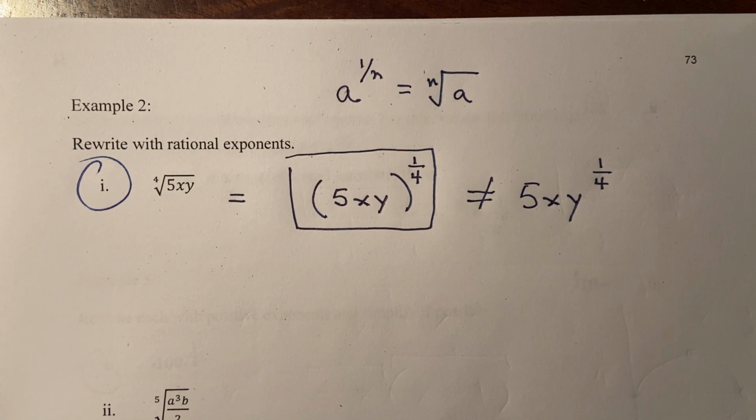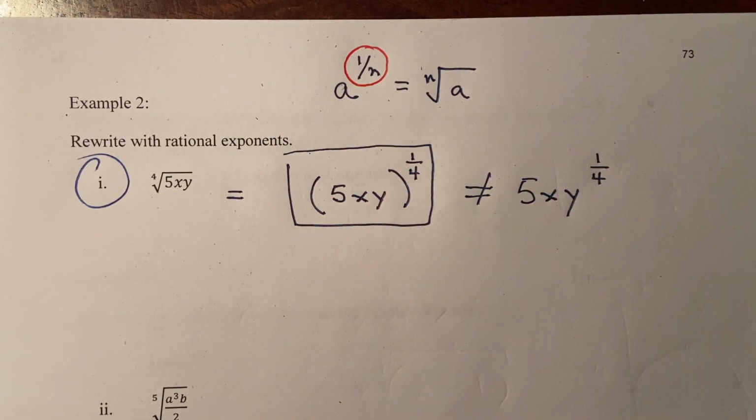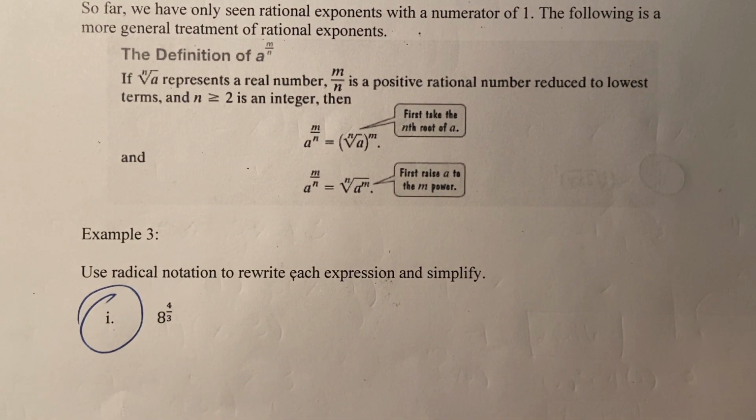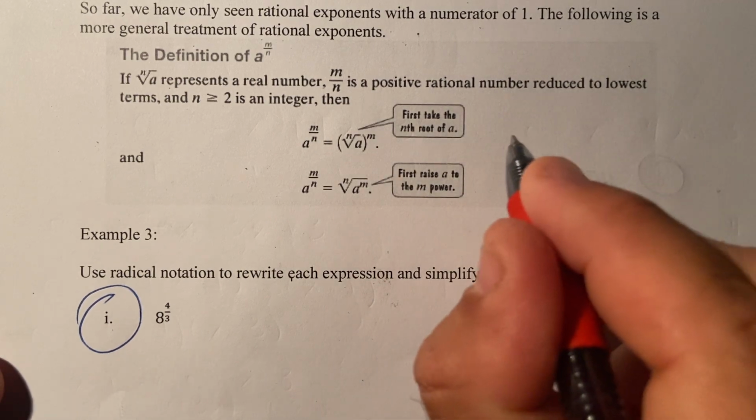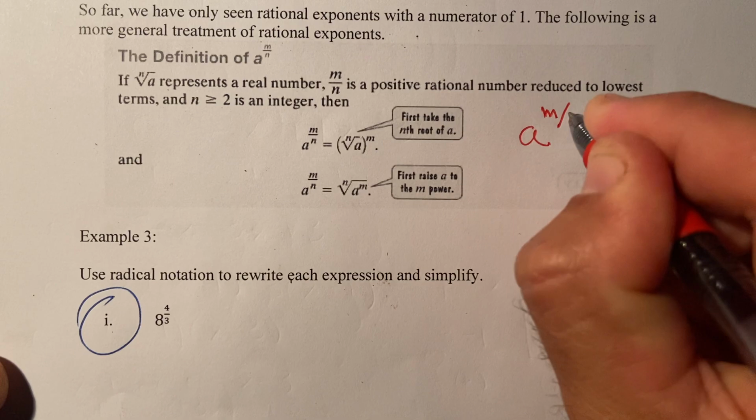Okay, so what we've seen so far is what we do with this type of power, a 1 over n. At the bottom of page 73, we're just kicking it up one slight notch. So just to zoom in on this thing, it says a to the m over n.